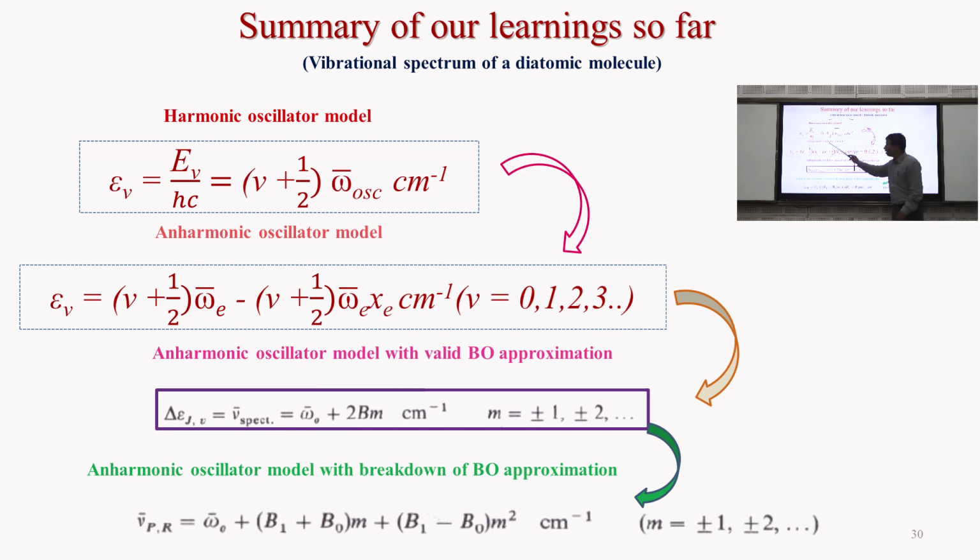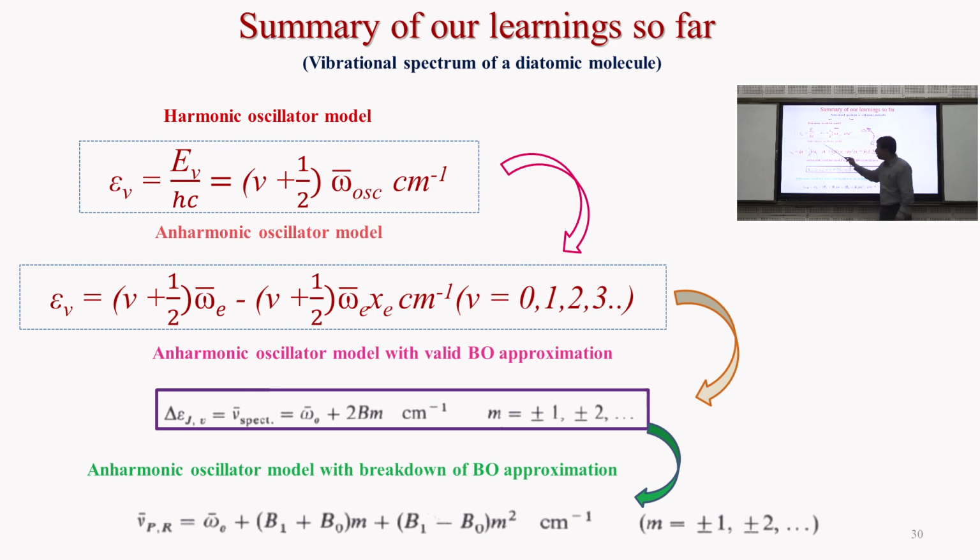For that anharmonic oscillator, the energy level expression changes from the half kx squared parabolic expression to the Morse expression, and that's why you get a different expression for the energy level.